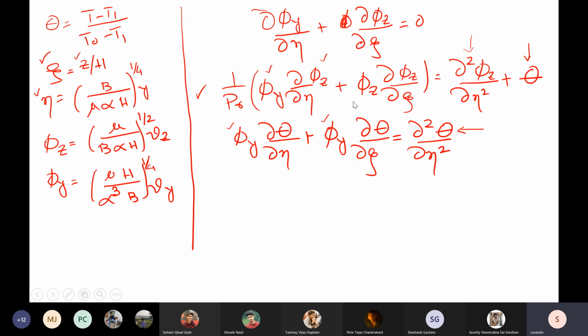And the second thing is that the Prandtl number has appeared in the equation of motion itself. So when we talk about phi y, essentially the velocities, and phi z, they are going to be functions of. Can you tell me what they are going to be functions of by looking at the three equations that I have written over there?